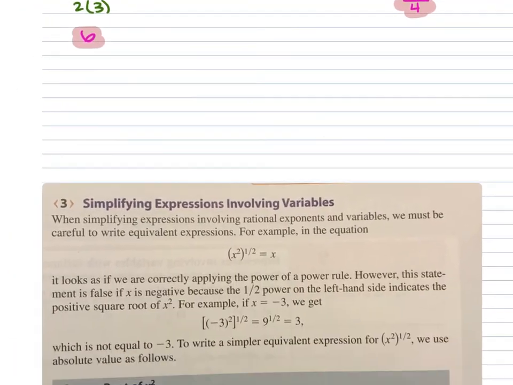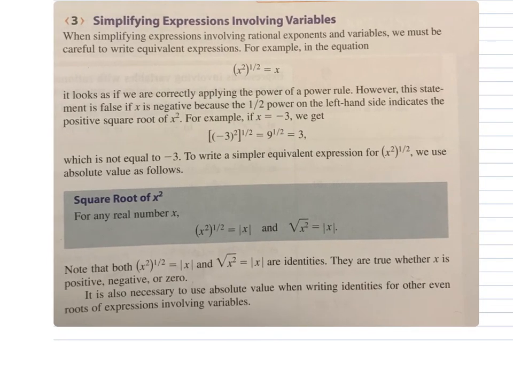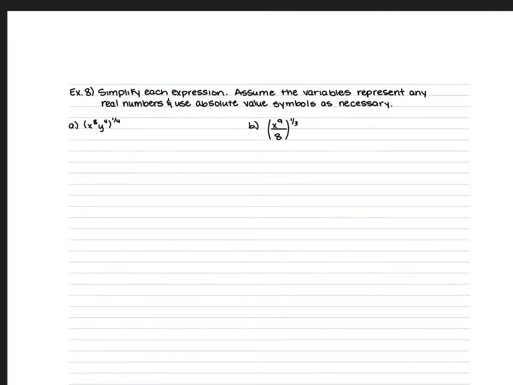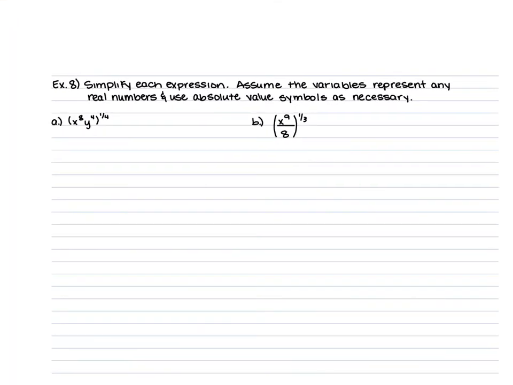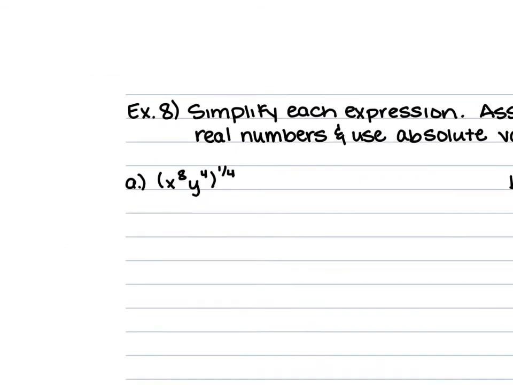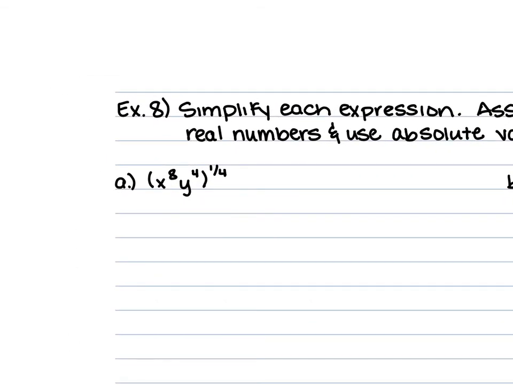The next part that we are going to be looking at just goes over the same thing that we've been doing. So we're just simplifying these expressions, applying our rules for exponents to these powers that we have. For example, 8a, we have x to the power of 8, y to the power of 4, all raised to the power of 1/4.